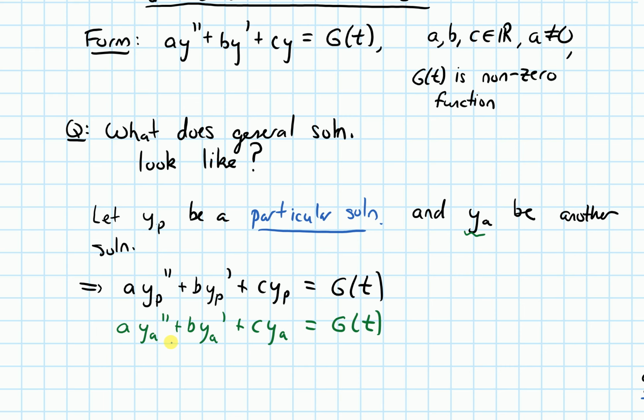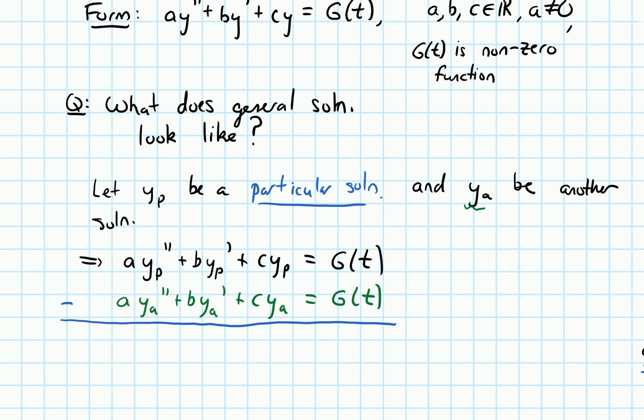So now looking at these two equations that we have, they look really similar. So because they're so similar, what I'm going to do is I'm going to subtract them, because the right-hand side will become really nice. It'll just become 0. And even the left-hand side will be nice, because I'm going to be able to factor out an a out of the first two terms and be left with yp double prime minus ya double prime.